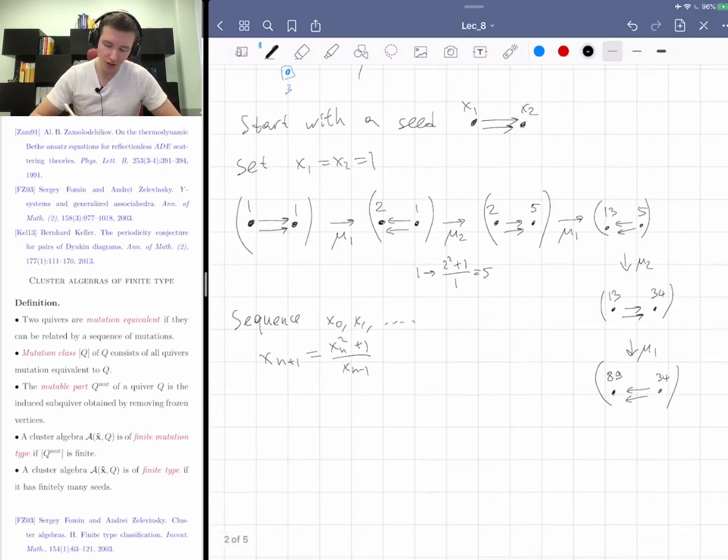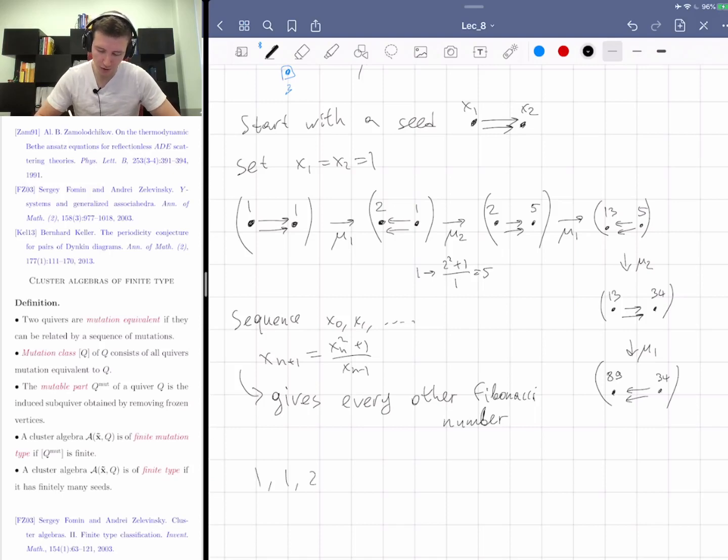And somehow magically, the sequence gives every other Fibonacci number. Fibonacci goes 1, 1, 2, 3, 5, 8, 13, 21, 34. And so indeed you get 34, 13, 5, 2, 1.